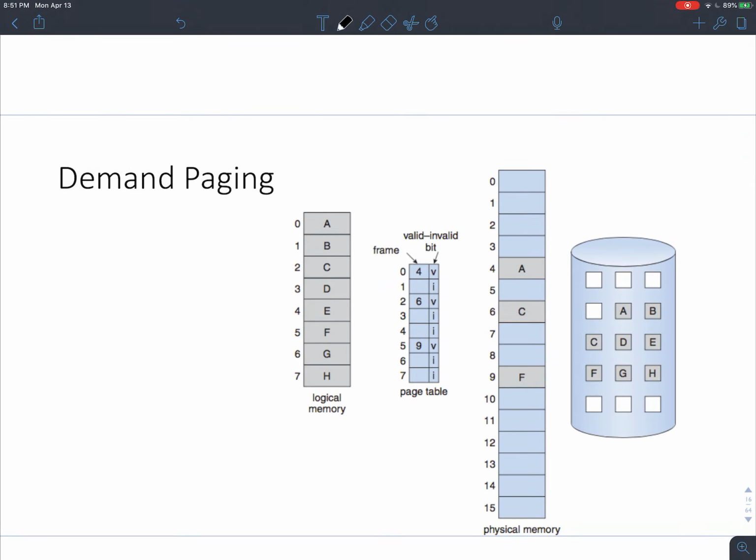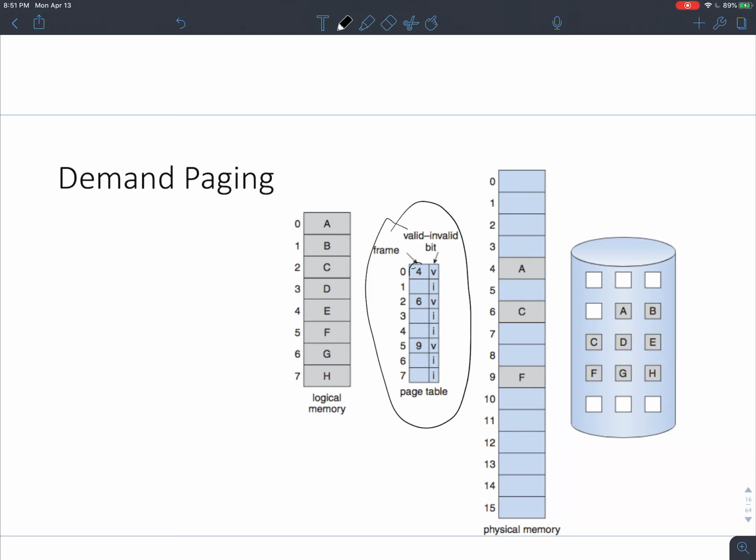This is how the page table looks with the valid bit. Say the virtual memory space of the process has 8 pages, but only 3 of them are loaded into memory.